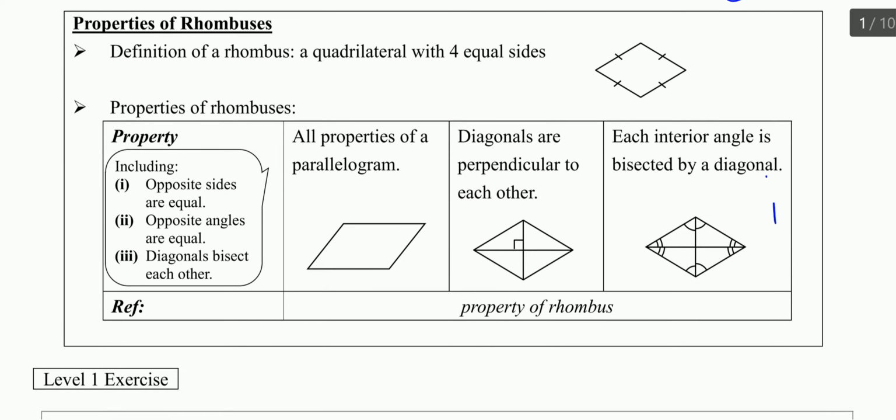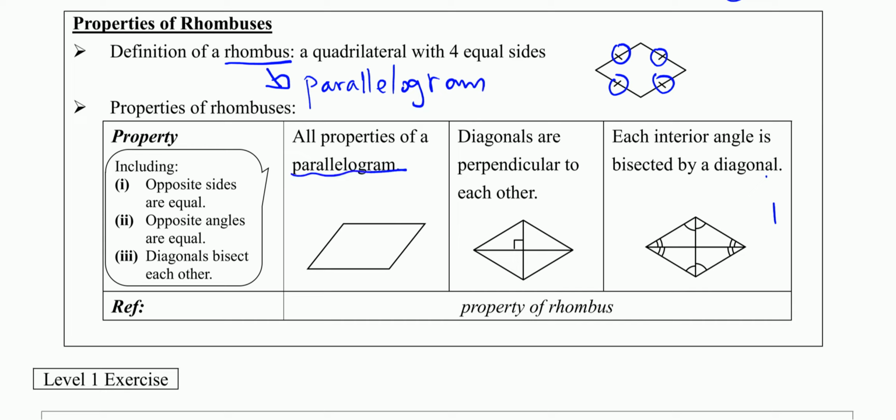What is the rhombus? The rhombus is a quadrilateral with 4 equal sides. Since the opposite sides are equal, it is automatically a parallelogram, and that's why it will have all the properties of the parallelogram.